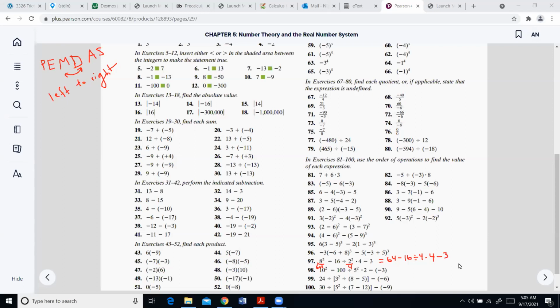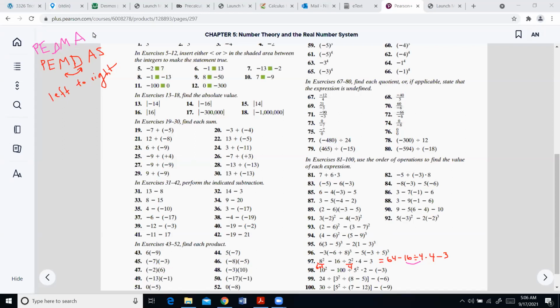So the question is, what are you going to do next? Are you going to multiply 4 and 4, or divide 16 by 4? The wrong answer would be to multiply, because we go from left to right. Even though there is multiplication and division in this little phrase, there is actually a brother of PEMDAS, it's PEDMAS.